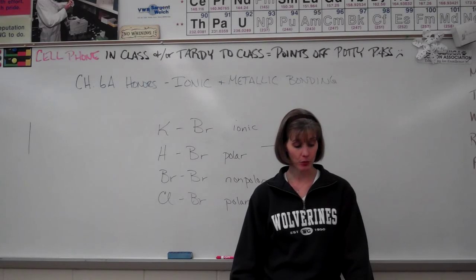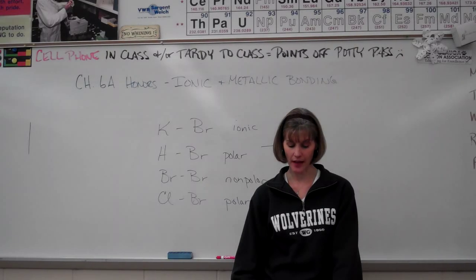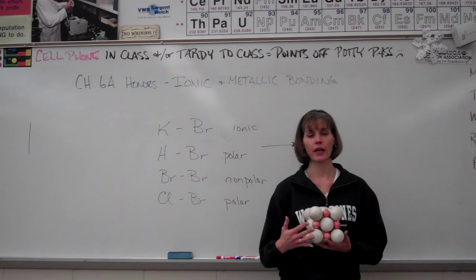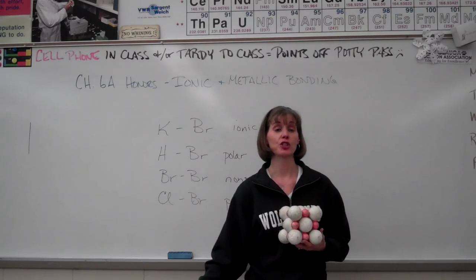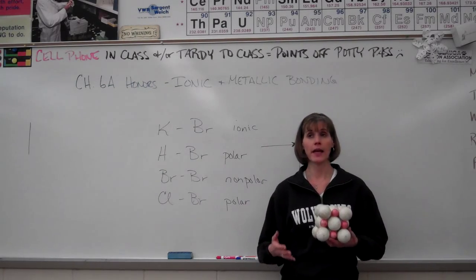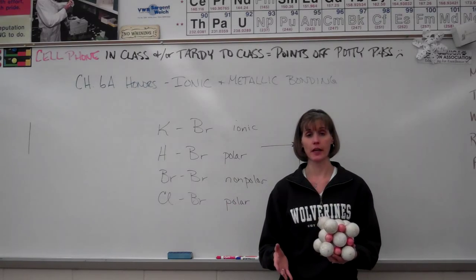Question number 10, which is test hint 40. Describe the state of energy in an ionic crystalline solid. Okay, well, when these ions bond and attract each other, a lot of energy is released. You know that from your investigations of the Born-Haber cycle. Energy released in a chemical system means it's going to a more stable state.